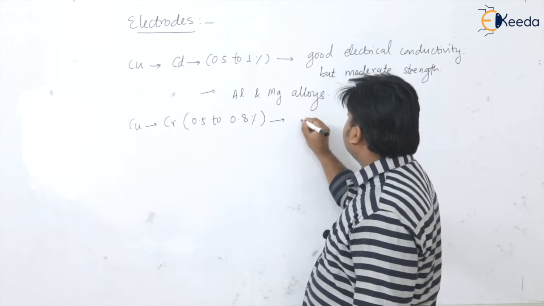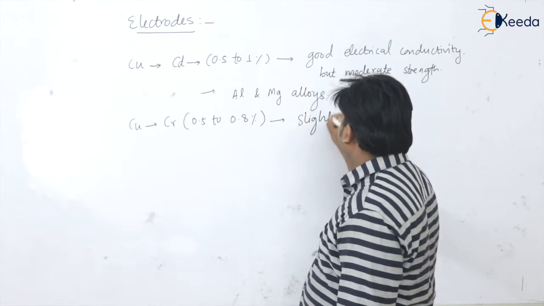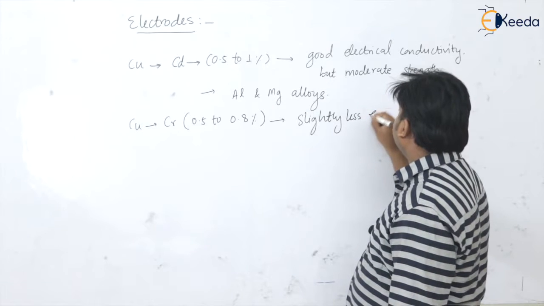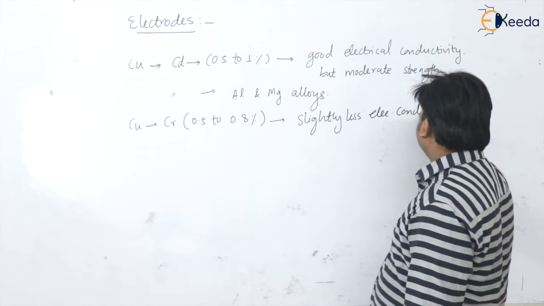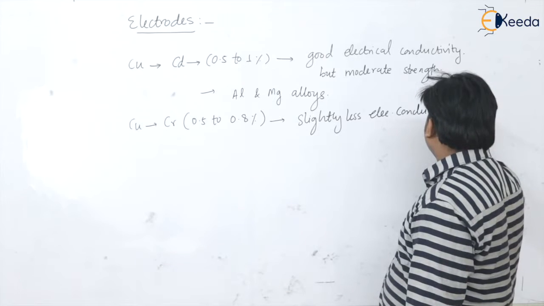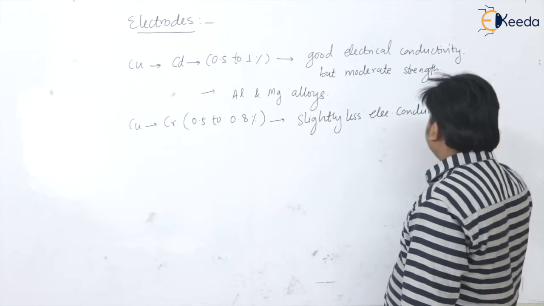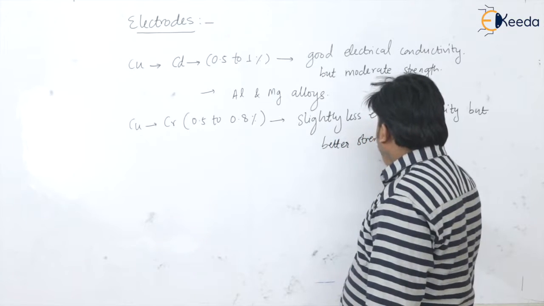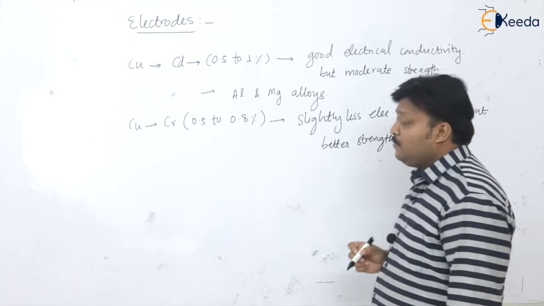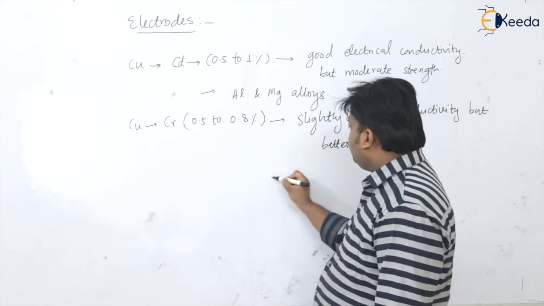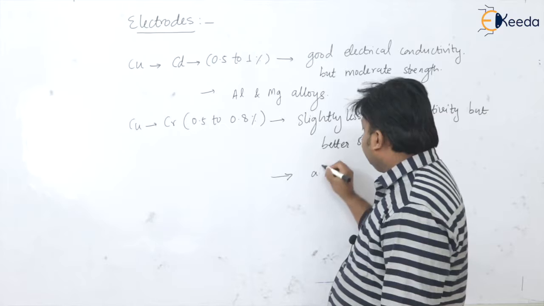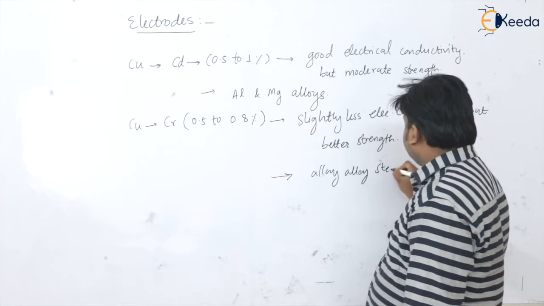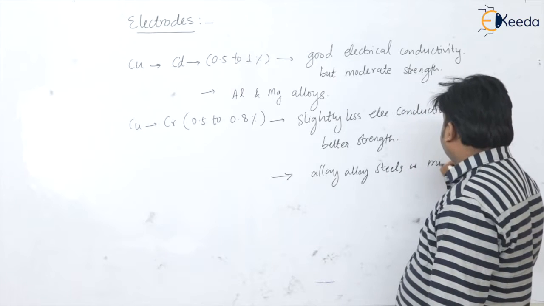So slightly less electrical conductivity, but better strength, and that is why this electrode can be used for joining plates of materials, say low alloy steels or mild steels.